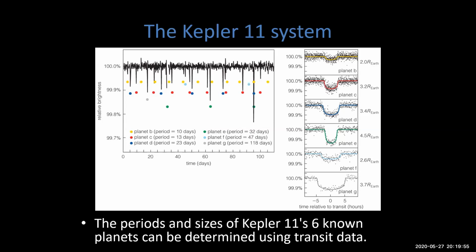With the mass and the volume, we can get the density. And the density is really what's going to tell us, is this an Earth-like planet? Is it a water planet? Is it an ice planet? Is it a gas giant planet? What type of planet are we looking at in these special cases?